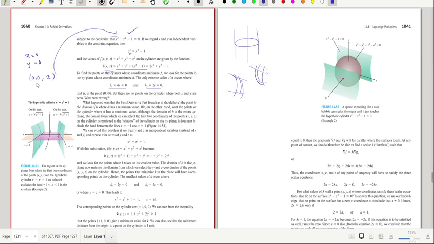Whenever x equal to 0, we get minus z square minus 1 equal to 0, so z square equal to minus 1. This shows that no point satisfying this condition lies on that hyperbolic cylinder.